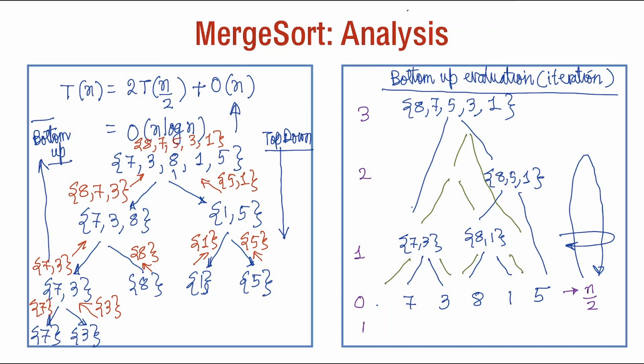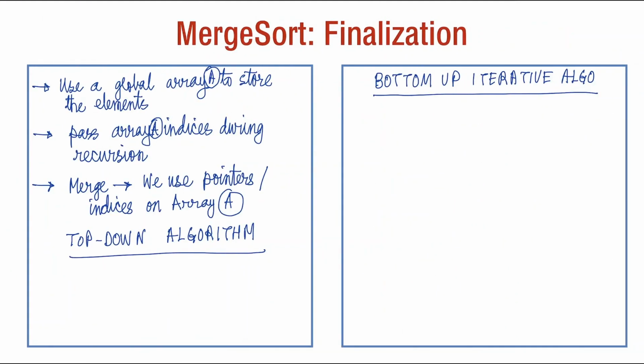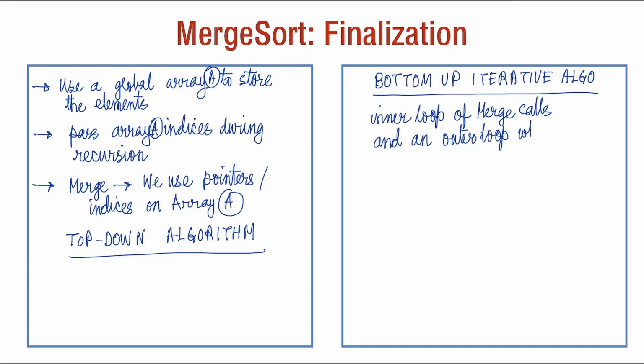The total number of levels will be order of log n, because the sizes are getting halved every time, and since the number of levels is order of log n, this bottom-up iterative algorithm will work with an inner loop of merge calls and an outer loop which will go on for order log n steps.